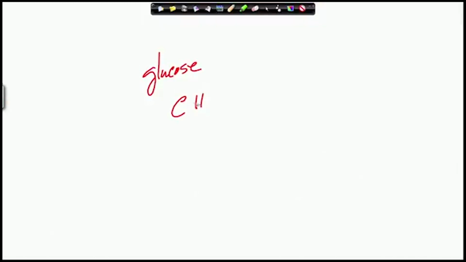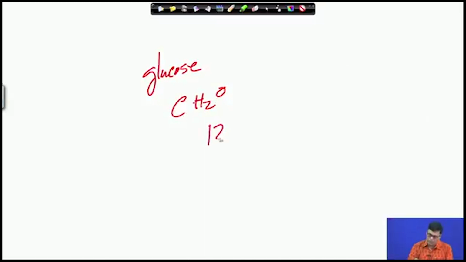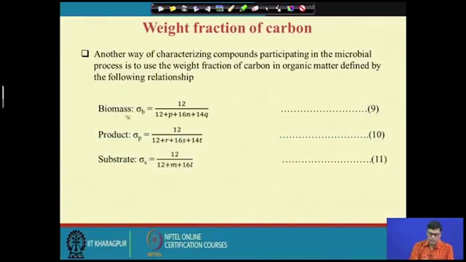Glucose is CH2O. So, for the weight fraction of carbon, the atomic weight is 12, and the molecular weight is 12 plus 2 plus 16. This ratio is the weight fraction of carbon. You can do it very easily. Similarly, we can do it in the case of biomass, product and substrate.